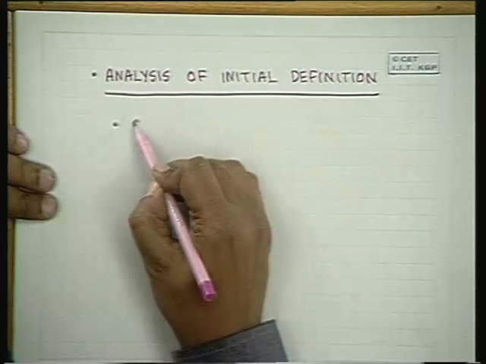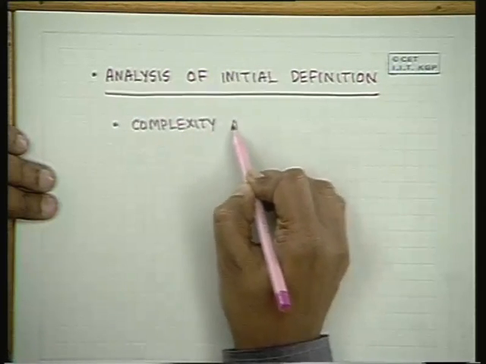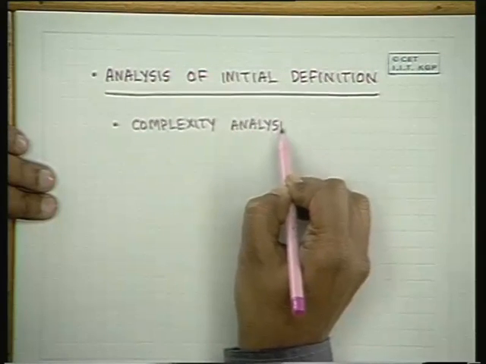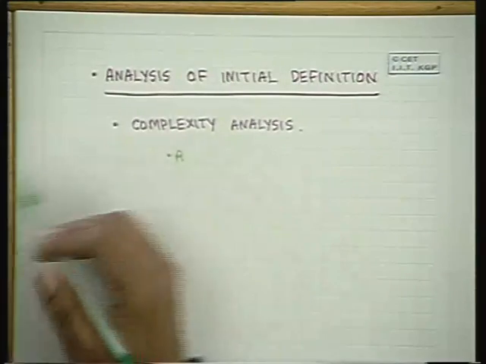In analysis of initial definition, the first thing that we discussed was complexity analysis, and in complexity analysis we argued out various things. One is, given an inductive definition, complexity analysis can be done by using recursive equations or recurrence relations, and we use recurrence relations to obtain the complexities. So the first thing that we used here was recurrence relations.